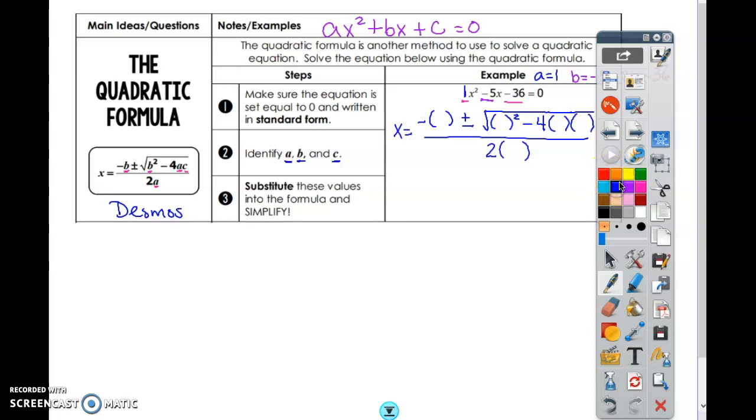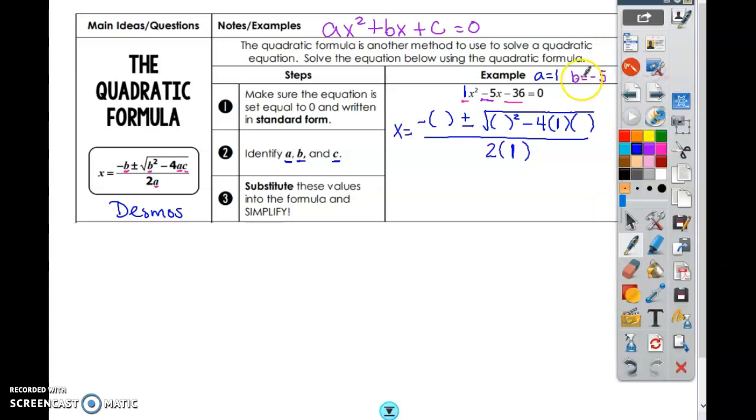So, my A was a 1. So everywhere I see A right here in my formula, I'm going to put a 1. So there's a 1 here and there's a 1 here. My A. Okay? Donde está la A, voy a poner 1. Where I have B, I'm going to put a negative 5. So my B's are right here and right here.